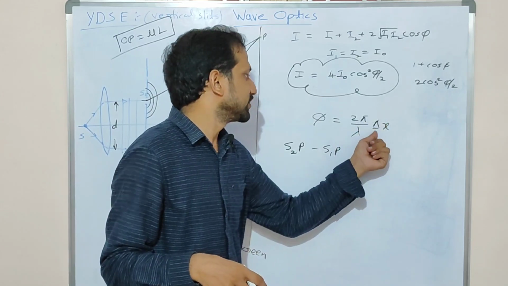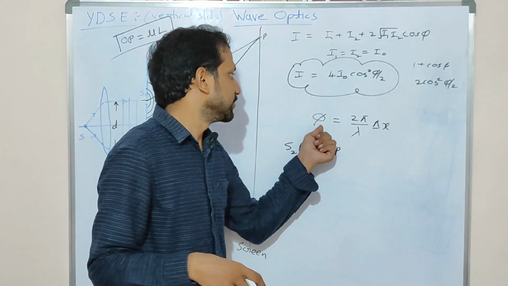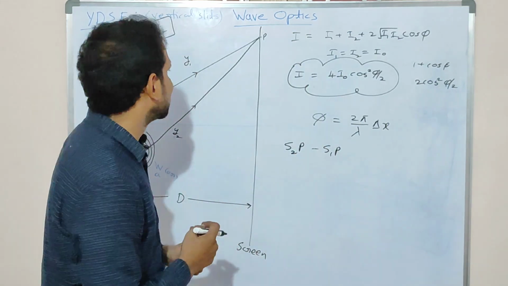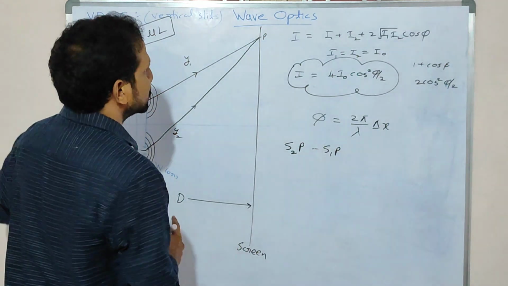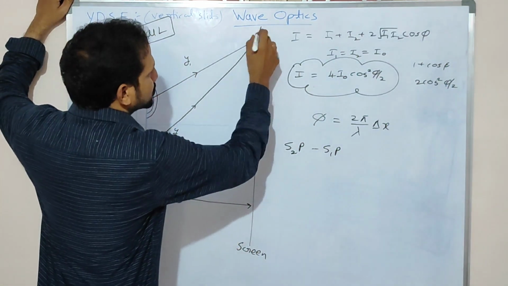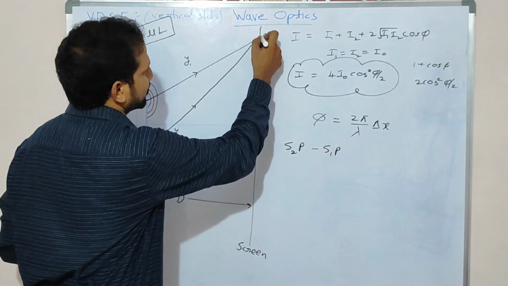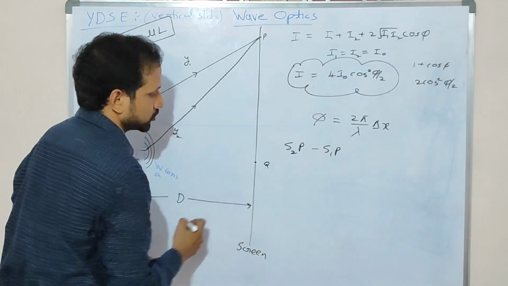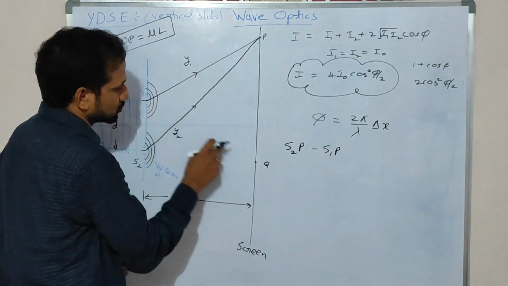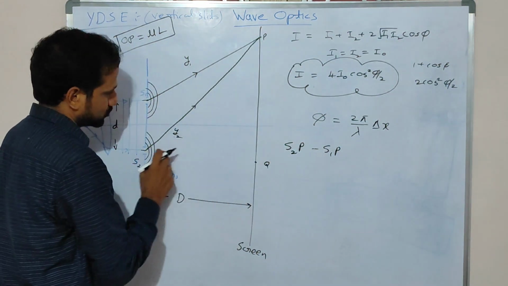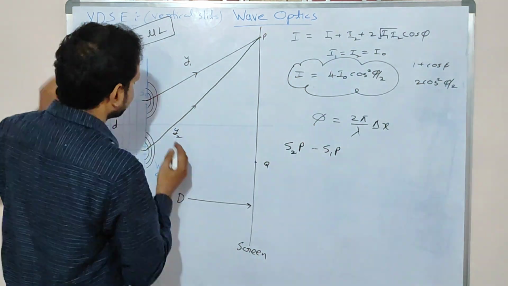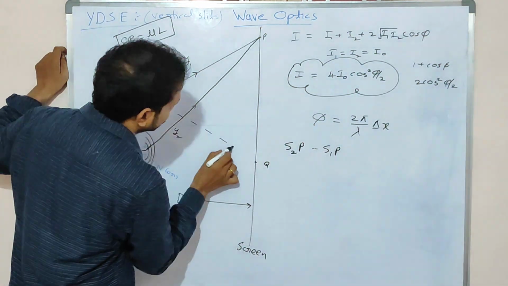Depending on the path difference, the phase difference will be there. Depending on the phase difference, the intensity will be there. So it's very clear if I generalize the statements here. Depending on the position of the point you are considering, for example, here say the point is Q. Then from S1 to Q and S2 to Q, the path difference will be different, okay?